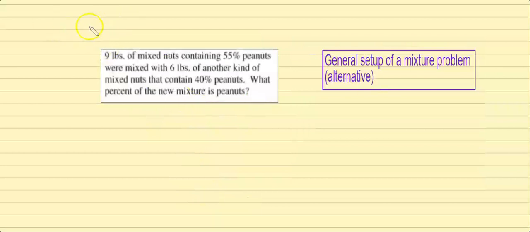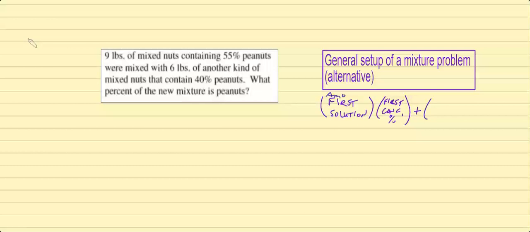Okay, let's go on to another example. And this one I'm going to do with an alternative setup. I'm just going to call this the first solution times the first concentration in percent, plus the amount of the second times the percent of the second.